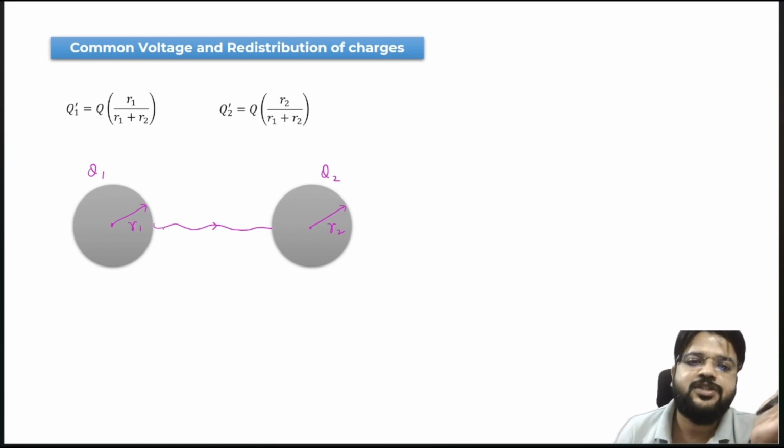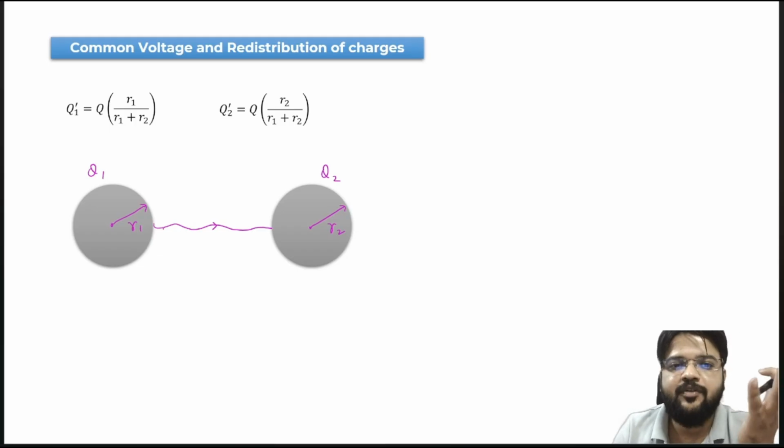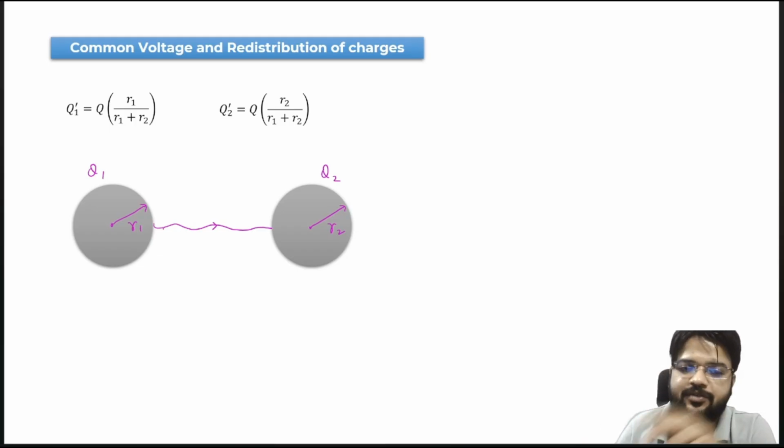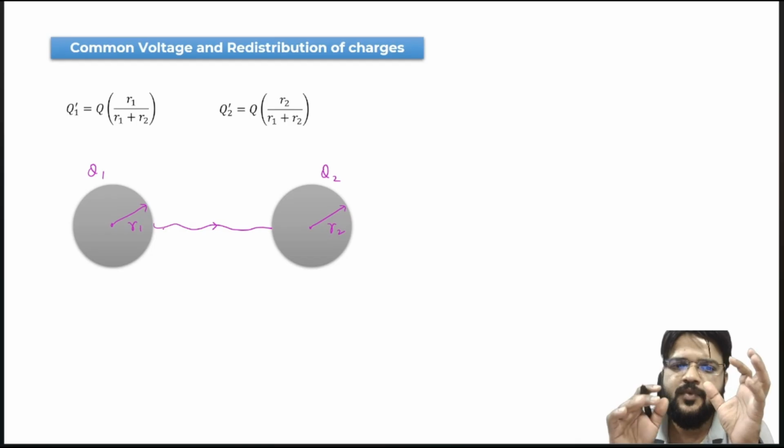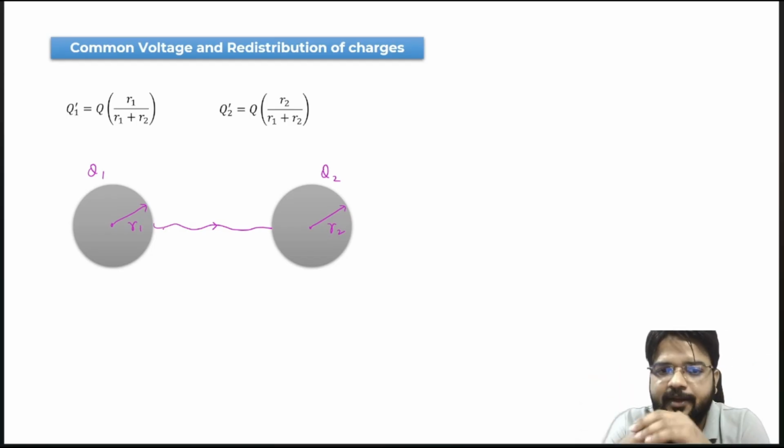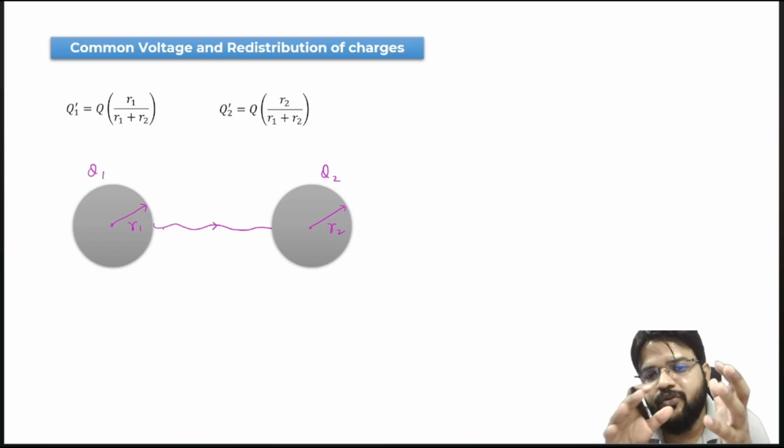So if the potential of the first conductor is greater, then what will happen? Charge will flow from higher to lower potential. This thing we know, correct? So slowly charge is flowing. It is similar to heat flowing from higher to lower temperature. This thing we know from the 11th class, correct? Heat always flows from higher to lower temperature.